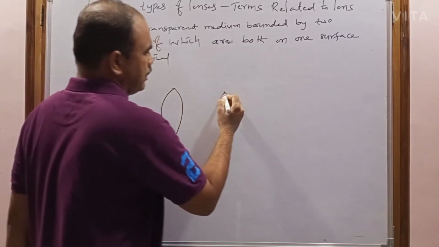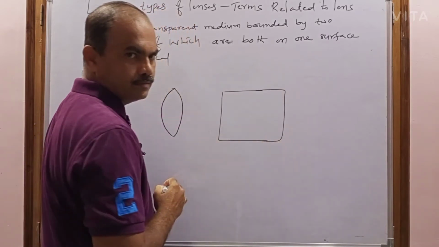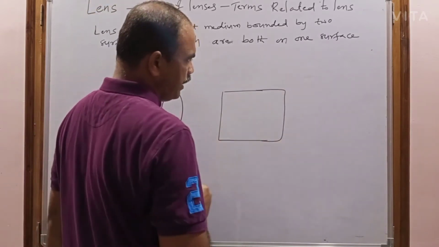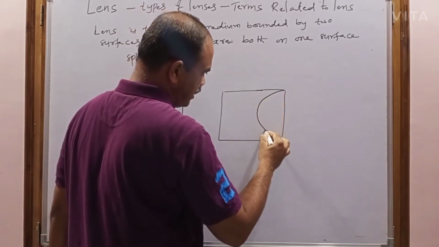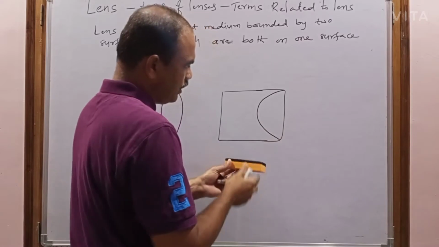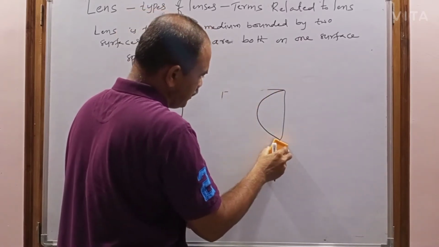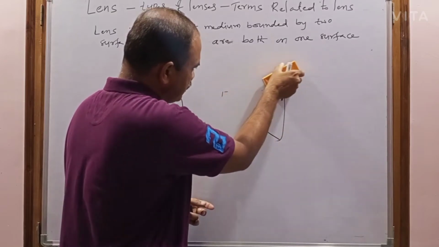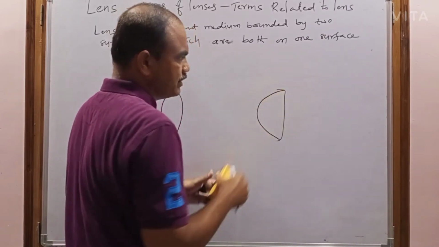Or let us consider a transparent material, and now this transparent material will be cut like this, and after that the remaining part is removed. The part which is cut in this shape will be called the lens.